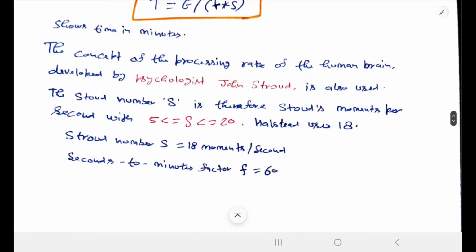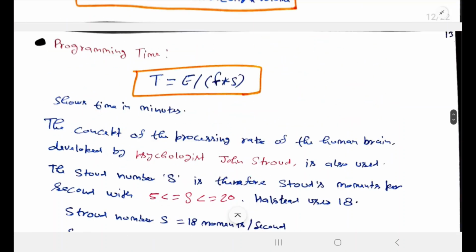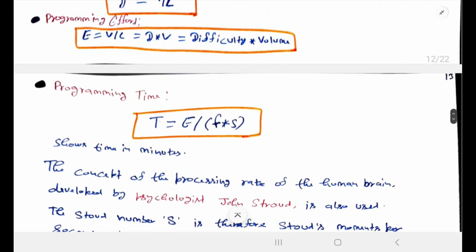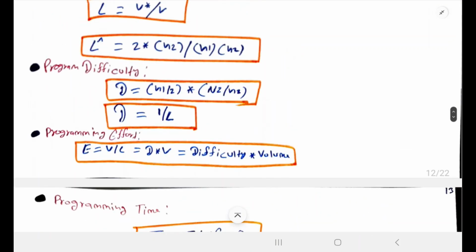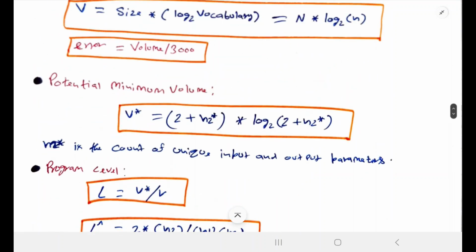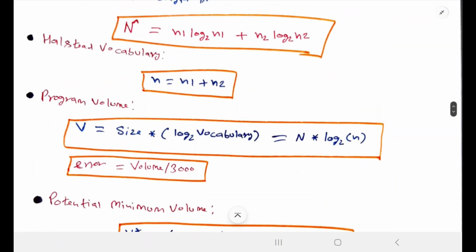Okay, so these were some estimation techniques basically that we have studied today. In the upcoming lecture we will learn about some estimation models. Whatever we have learned today, you will not see these in some books in your syllabus as well, but these techniques are the basis.